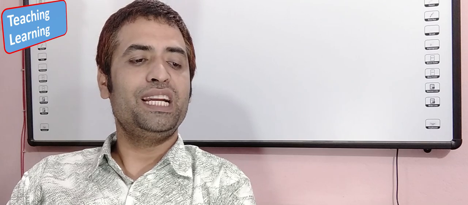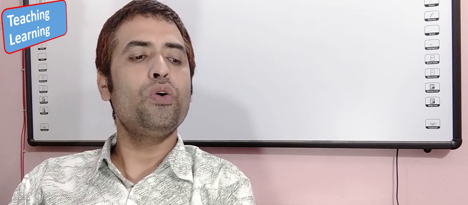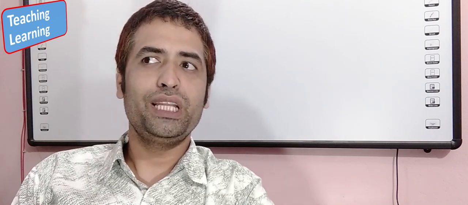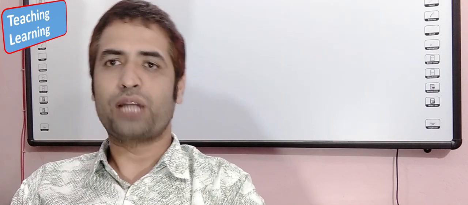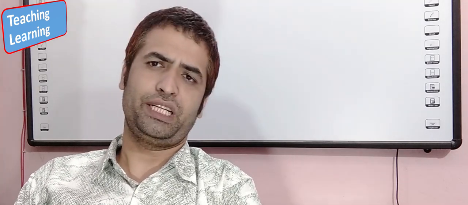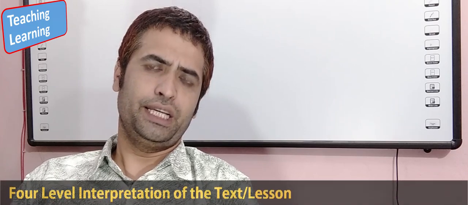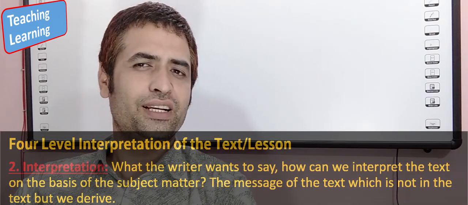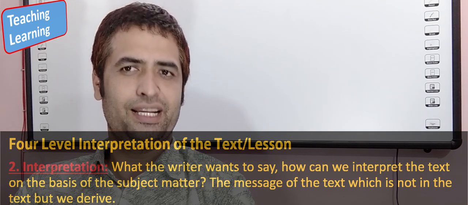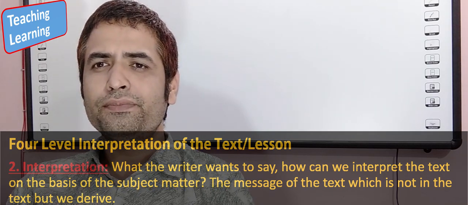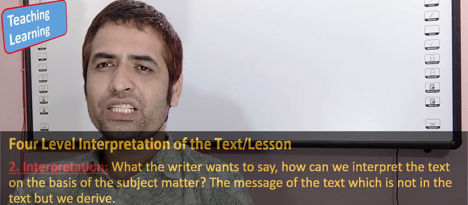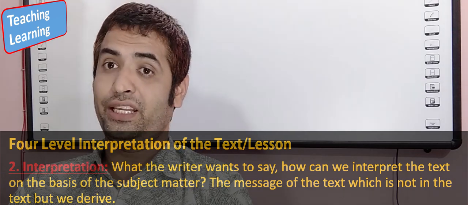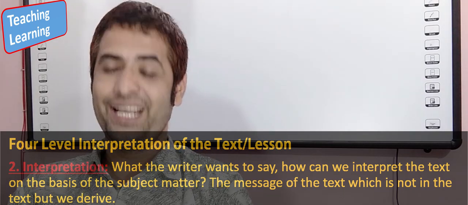Now, let's move to interpretation. Before doing the interpretation of this poem, what is interpretation? Interpretation is not clearly given in the text. It's what the text or the writer tries to say on the basis of his text.